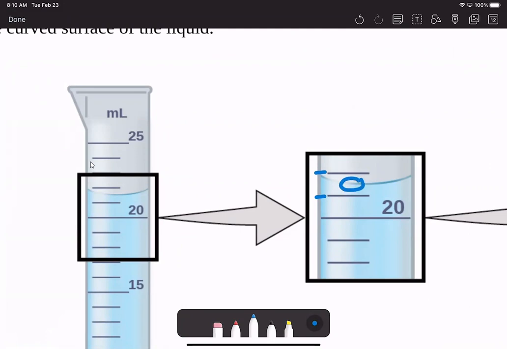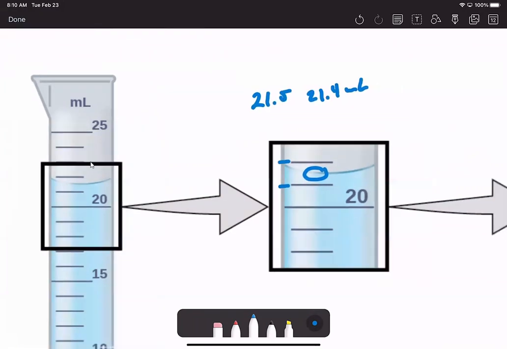So our measurement here, this is the meniscus that we measure from the bottom of, would simply be 21, maybe 21.5, maybe it's 21.4 milliliters.